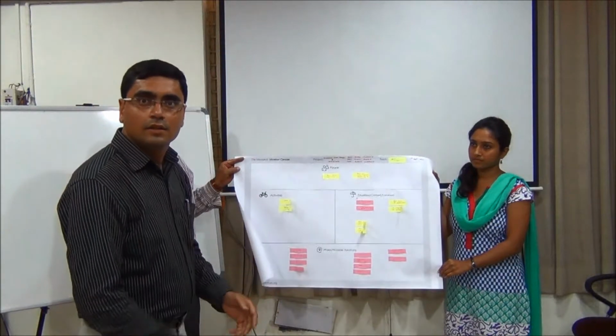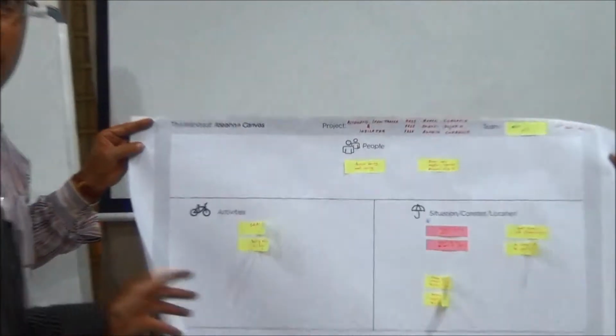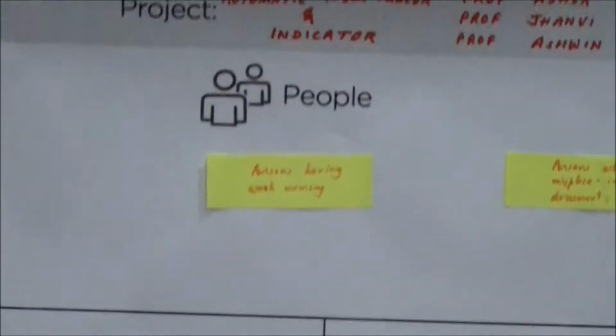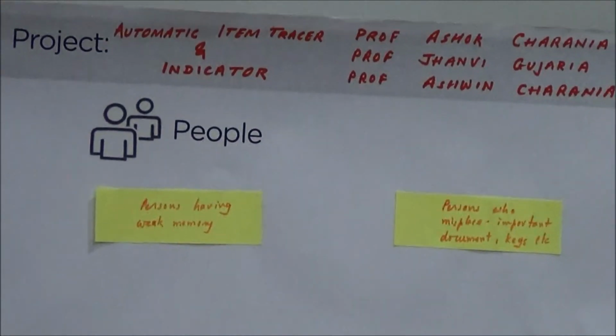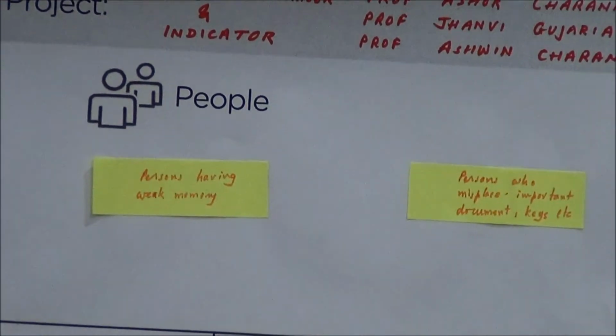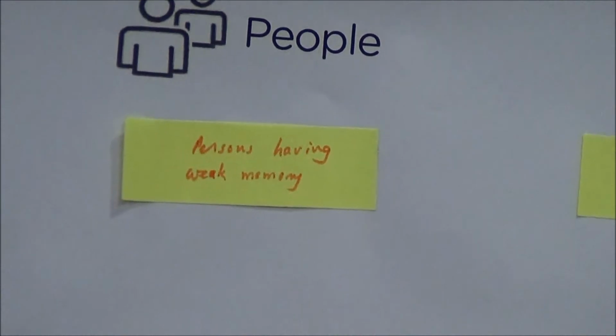So this canvas is the ideation canvas, and as my colleague told you, our project is about an automatic item tracer and indicator. So what are the people affected? Those who have a forgetful nature.